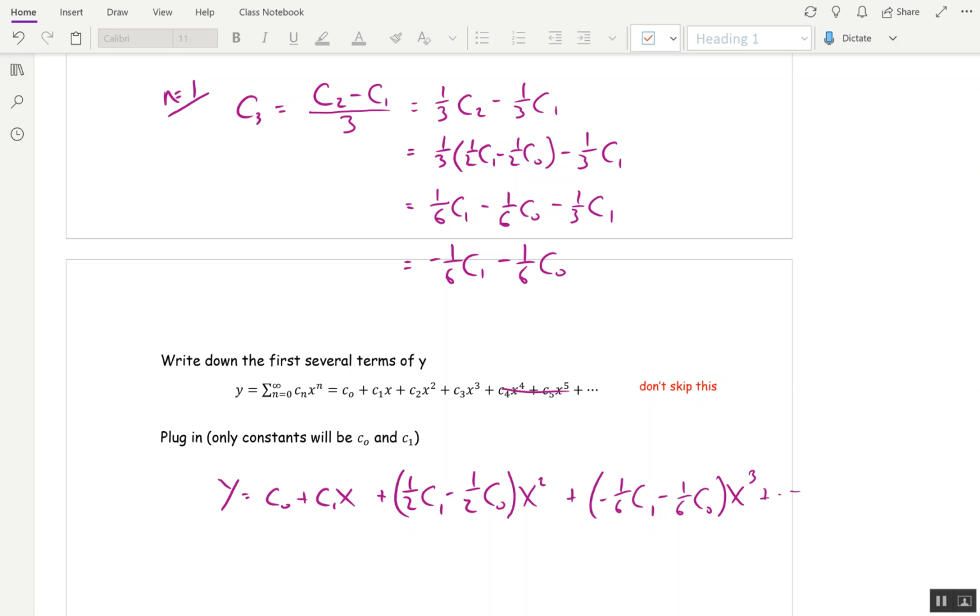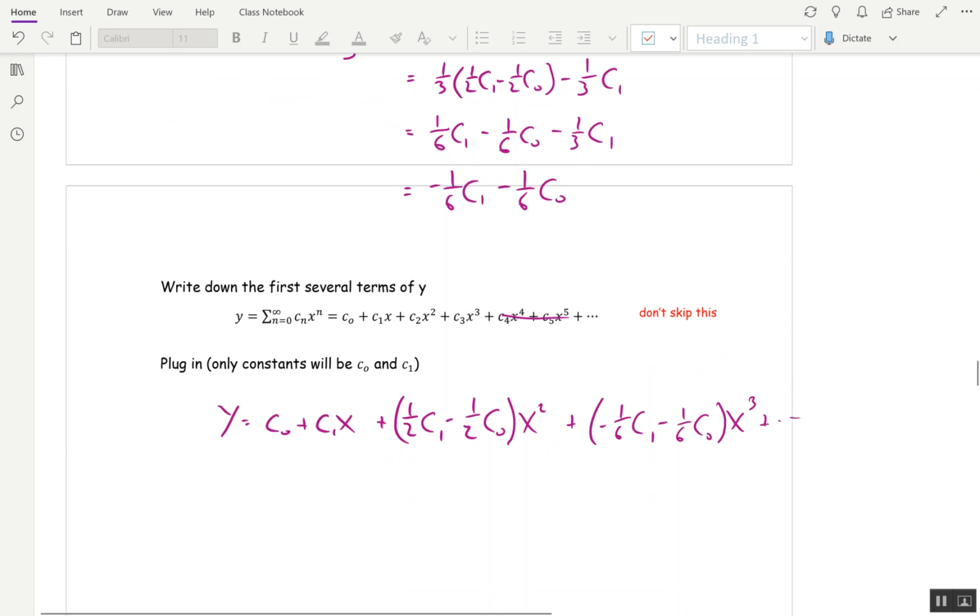Okay, now I'm going to separate out the C0 terms and the C1 terms. So C0 times 1 minus 1/2 x squared, and then I got a C0 term over here, minus 1/6 x cubed, plus dot dot dot.